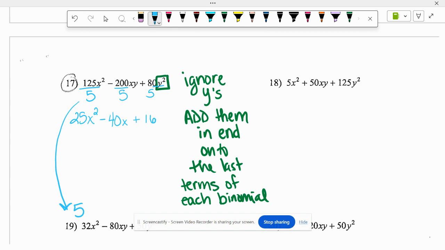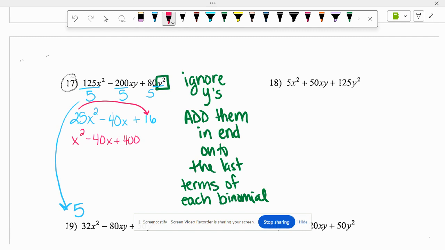Okay, so I'm going to use my slide and divide. 25 times 16, that gives me x squared minus 40x plus 400.